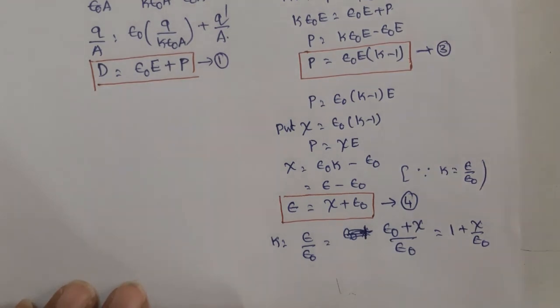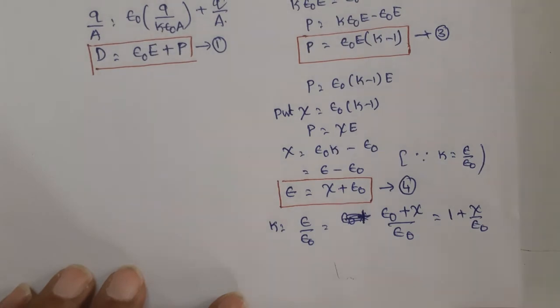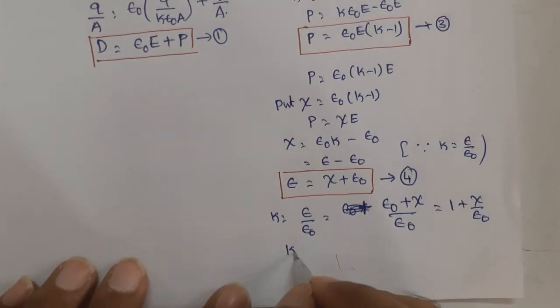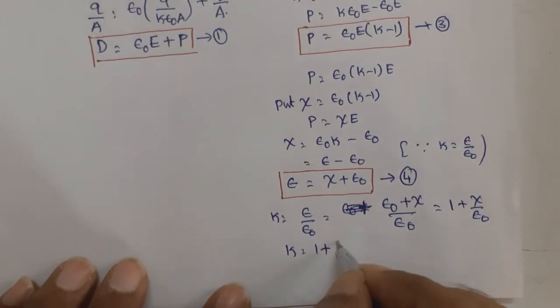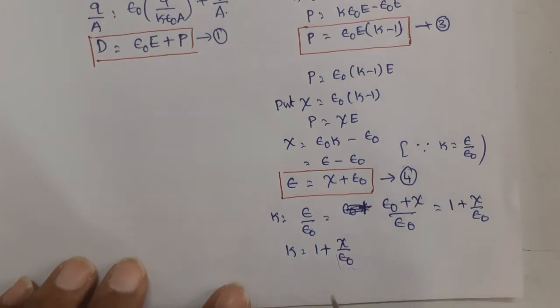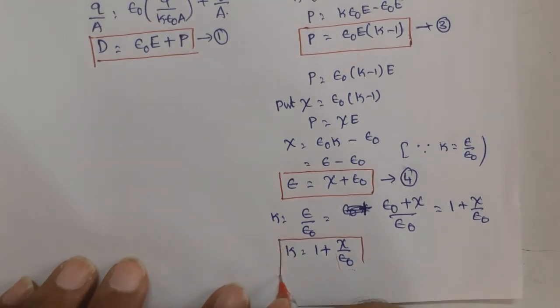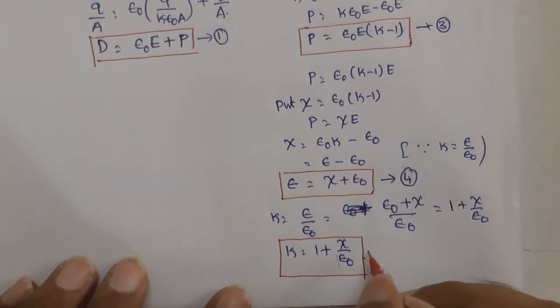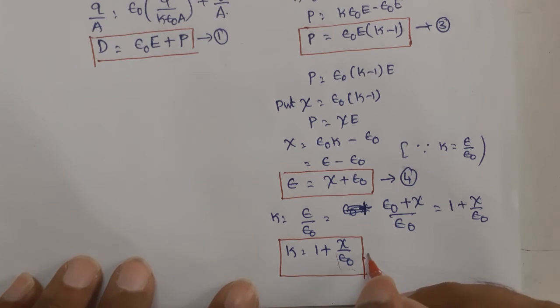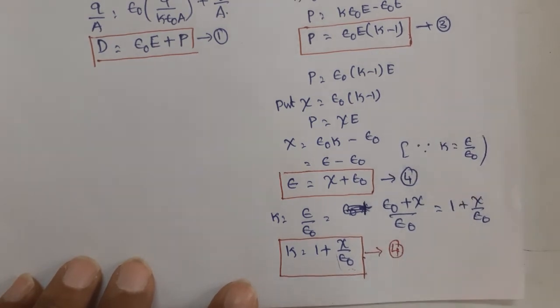Therefore K is equal to 1 plus xi by epsilon naught. This is another relation. All these relations are useful in solving problems, or the questions may directly ask based on these equations.